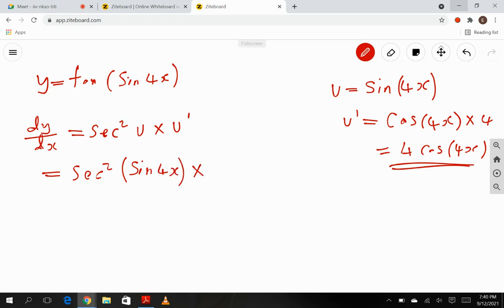Then multiply by our derivative, that's 4 cos 4x. Okay, that's right. So now you want to write it, say 4 cos 4x, then sec squared.